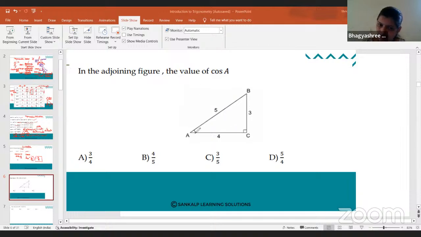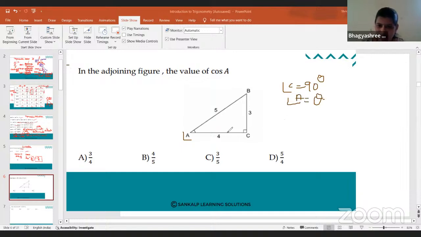See, our angle is at A. So angle C is 90 degrees and angle A is our theta, right?